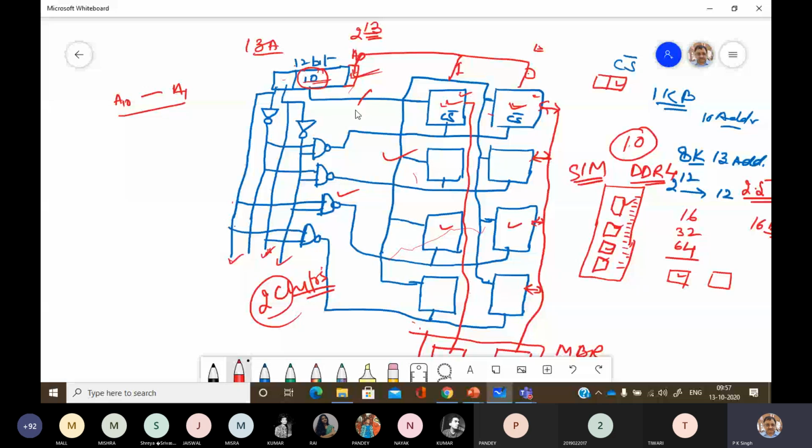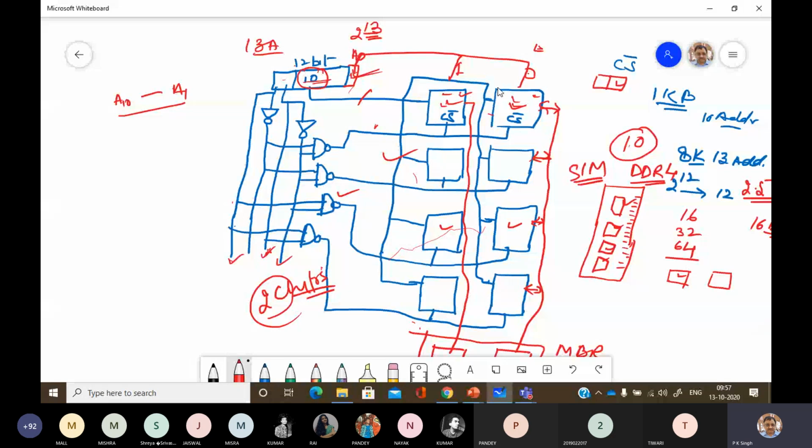These address lines will select the corresponding addresses, and you just make these two chips selected.